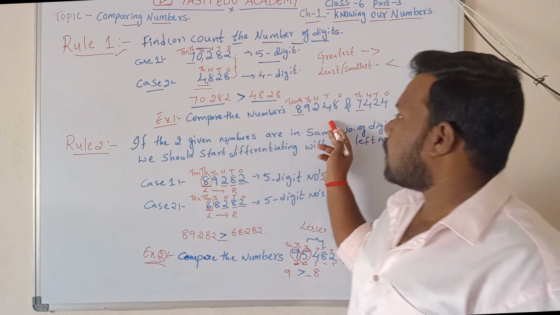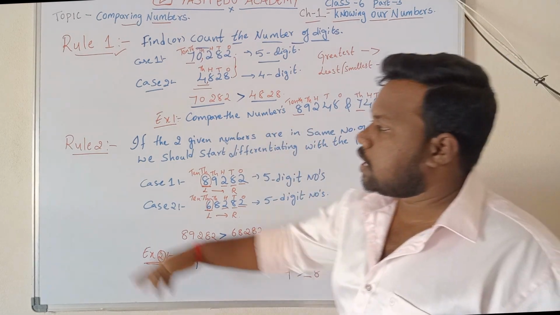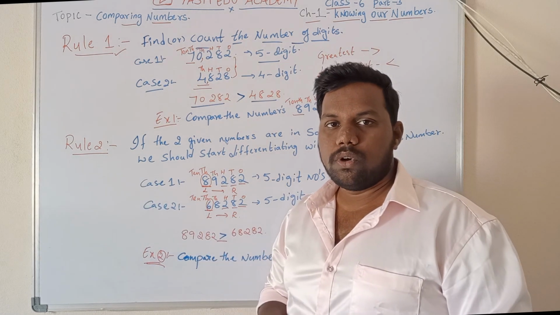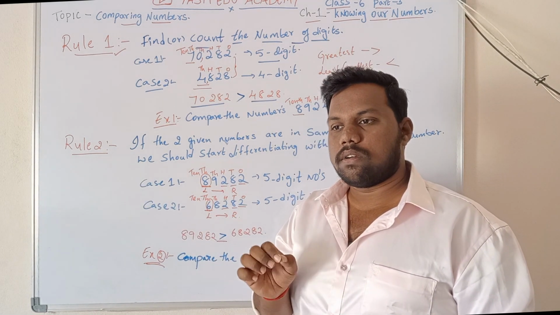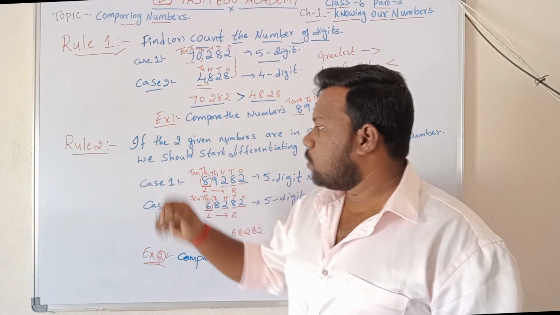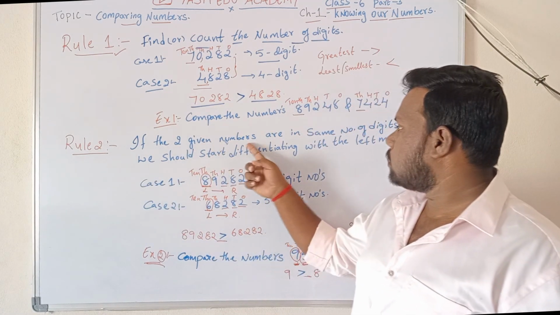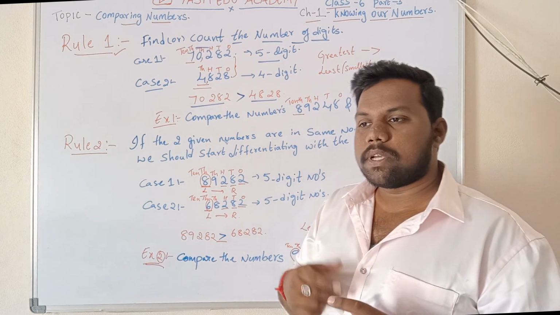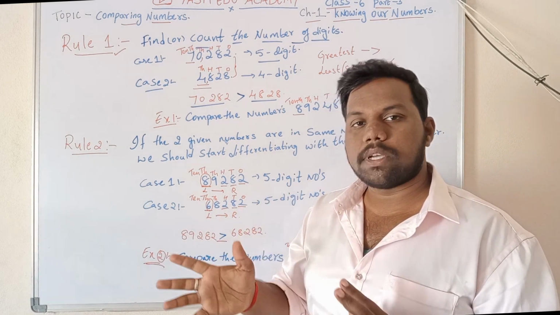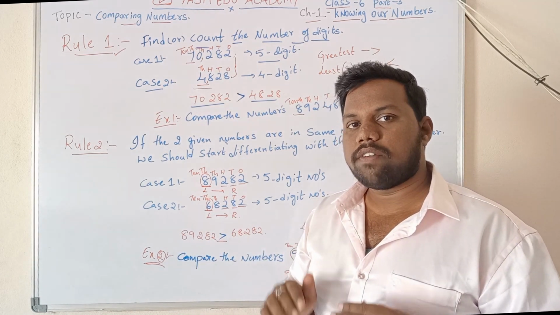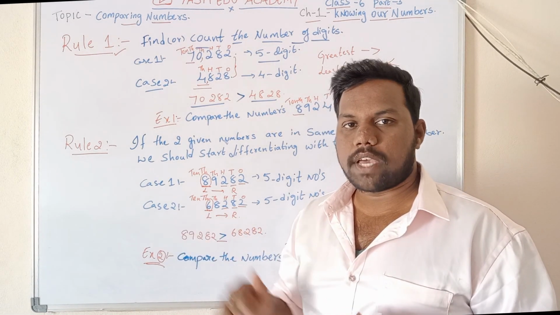This is the example we have done. Now let us come to rule 2. Rule 2 is a bit confusing, so please try to understand. In rule 2, the two given numbers have the same number of digits, that means equal number of digits and equal number of place value.